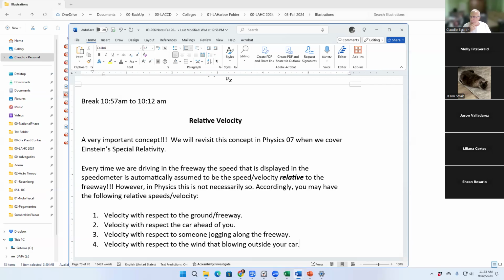This is very important if you're an airplane pilot. You have to keep track of the direction of the wind. If you have a tailwind, you're going to fly faster with respect to the ground. If you have a headwind, your speed with respect to the ground is going to be lower. Okay? Velocity with respect to the wind that's blowing outside your car.